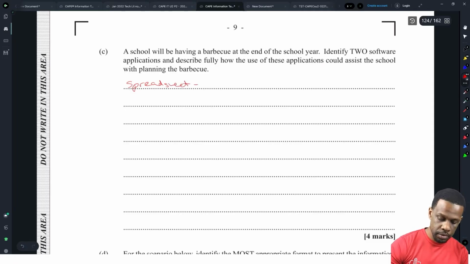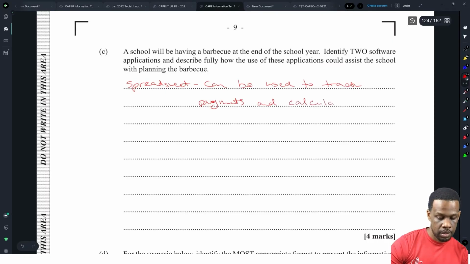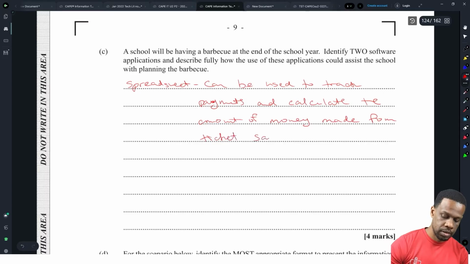Spreadsheets can be used to track payments and calculate the amount of money made from ticket sales. Yeah, that's good enough there.